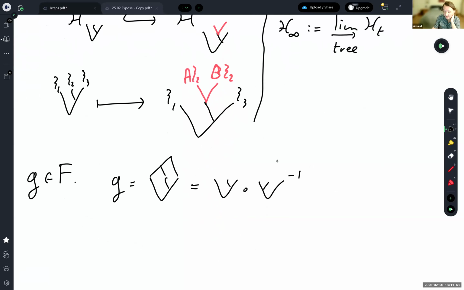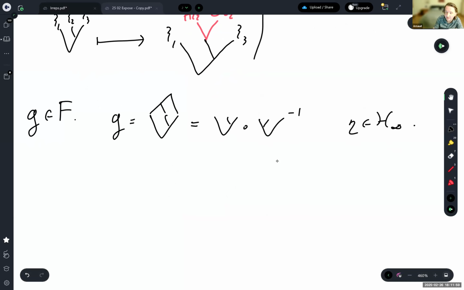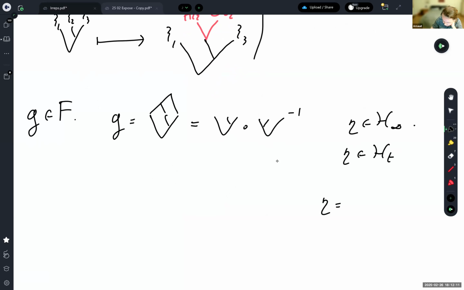And now I'm going to take an element of H infinity. Well, I may just take eta in a dense subspace, so I'm going to take eta, let's say, in H of a certain T, because they all sit inside it. So eta is actually this tree with some decoration.